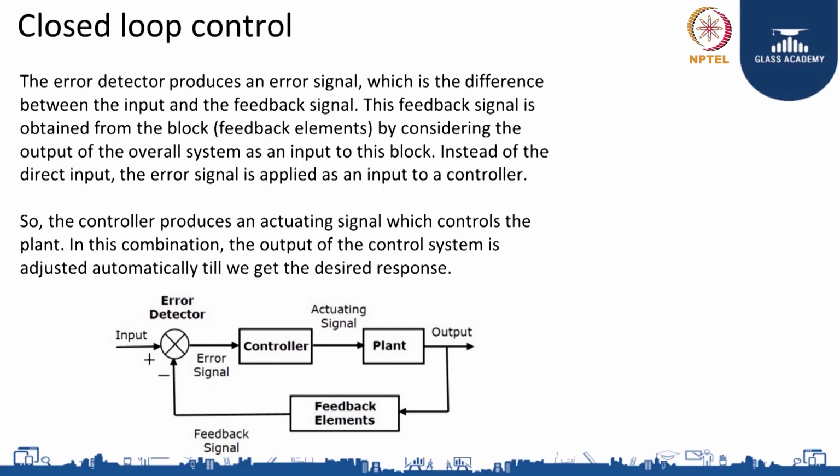This error then goes into the controller, and based on the logic that is built into the controller, it gives an actuating signal. That is, it tells the actuator to shift its position. In this case, it can be a light, and we can increase the intensity of the light or we can decrease the intensity of the light. Here we have less light, so the control logic might give a signal to the light fixture to increase the output.